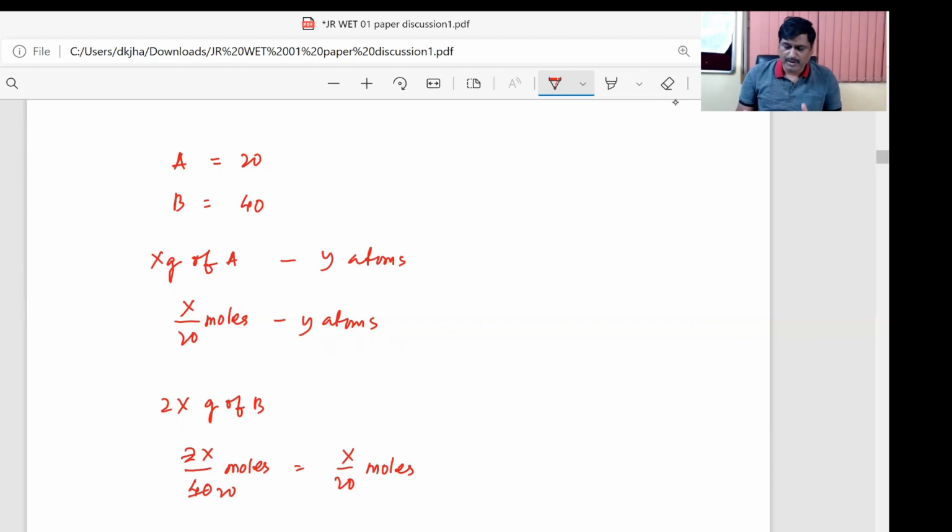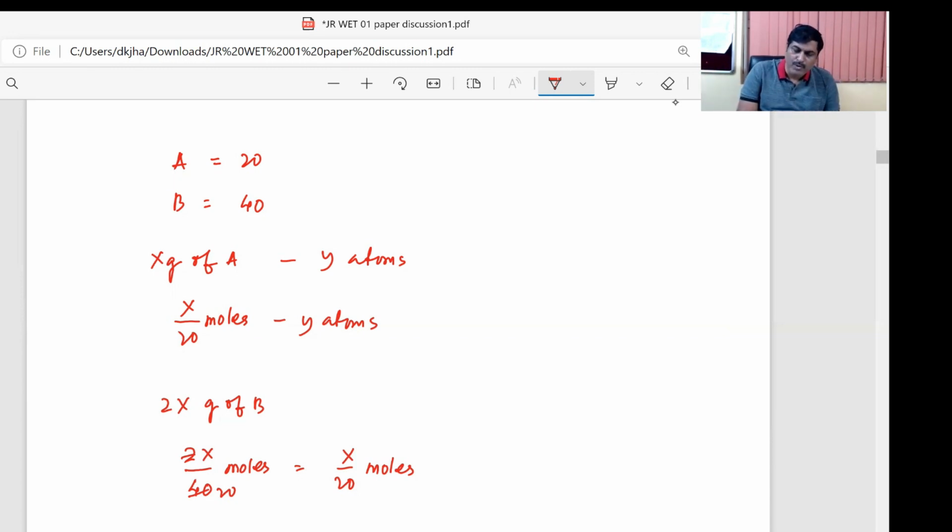X by 20 moles of B will also contain the same number. Because 1 mole of sodium contains Avogadro number of atoms, and 0.5 moles of sodium contains 0.5 Na, and 0.5 moles of Mg also contains 0.5 Na of Mg only.